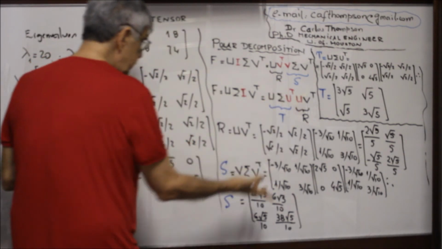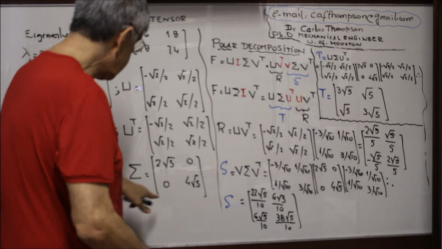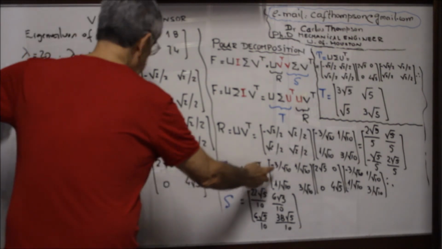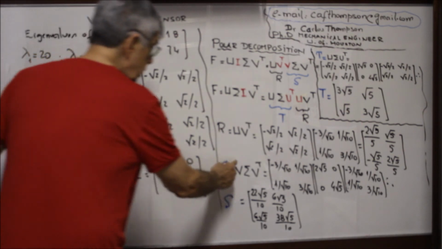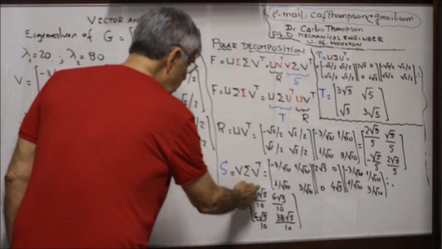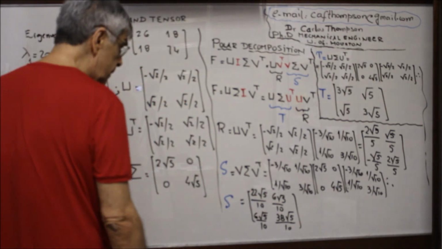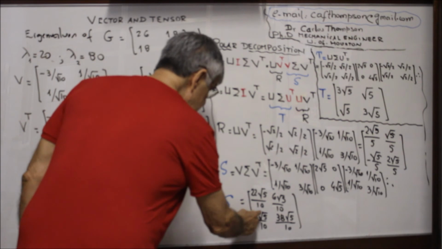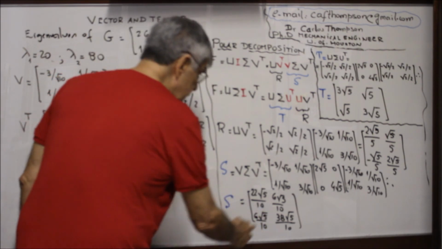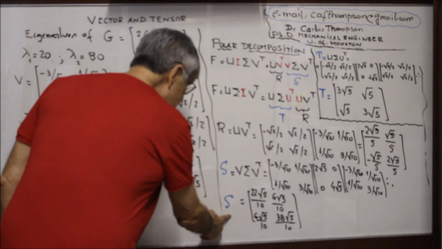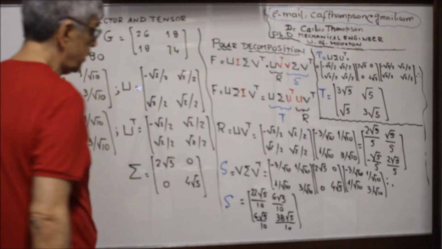Let's get S. It's V sigma V transpose. So sigma is here, V is over here, and V transpose is over here. Let's multiply, and we will obtain 22 square root of 5 divided by 10, 6 square root of 5 divided by 10, 6 square root of 5 divided by 10, and 38 square root of 5 divided by 10. Attention, S is a symmetric matrix.